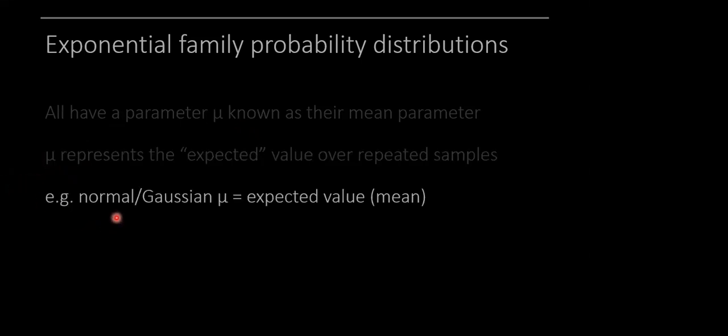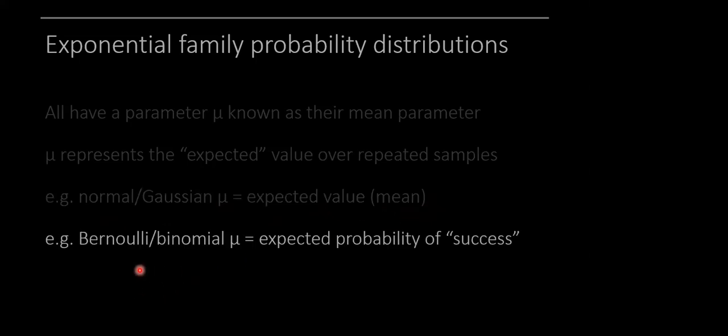For a normal distribution, which I'm sure you've all come across before, the mean parameter represents the expected value, which you can think of as analogous to the sample mean, where we add up all the outcome values and divide by the number of them. So it gives us a measure of the typical value that we'd expect. It's not necessarily a value that's going to be in our data set, or that you might ever measure, given that with a continuous variable you can measure to any level of precision, but it's a measure of the typical expected value, or the center of the distribution.